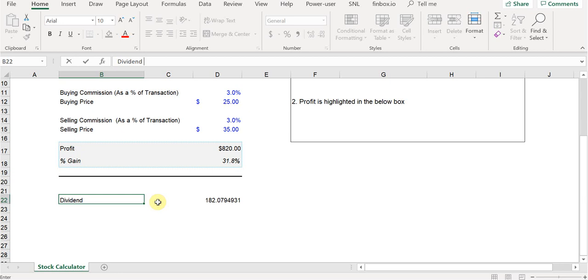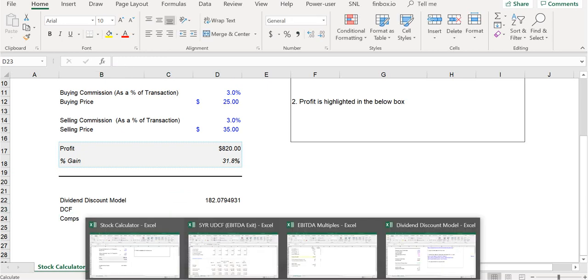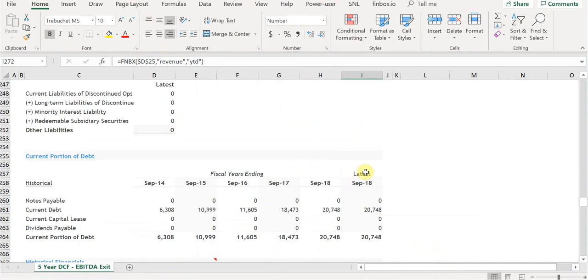So dividend discount model, DCF, comps. Let's just pull in this.